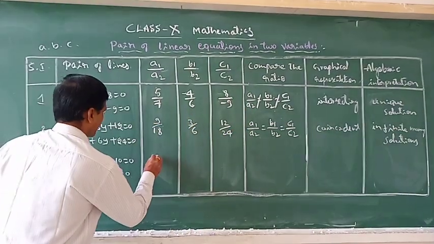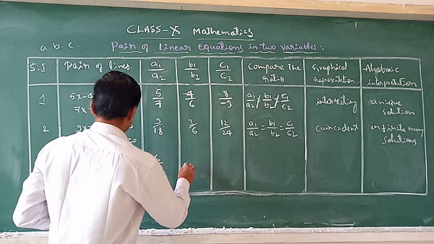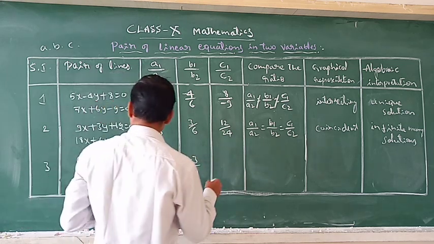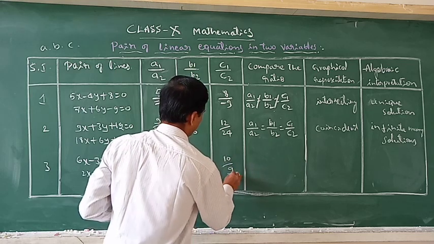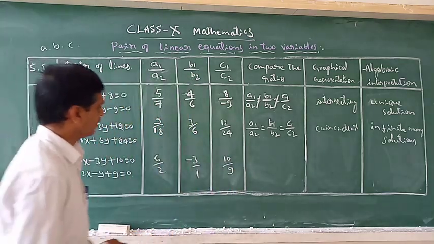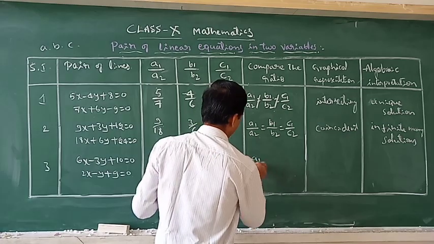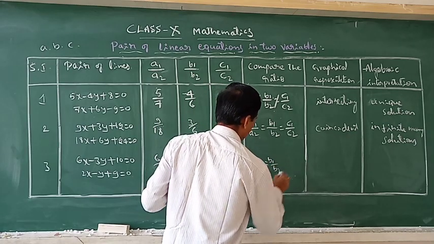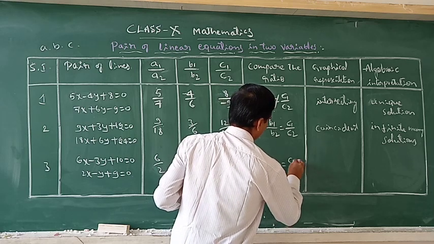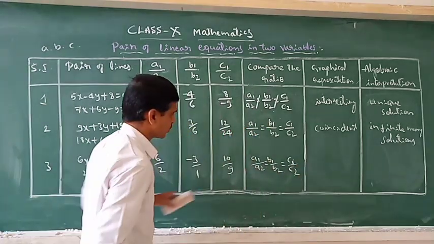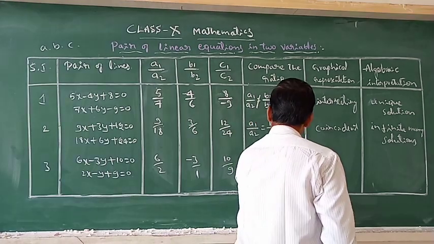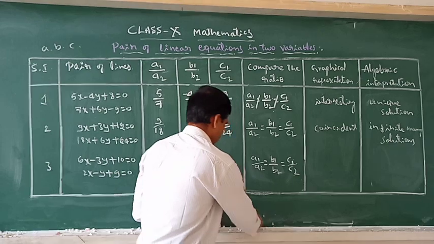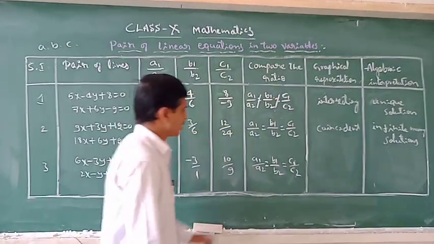Now take the given 6 divided by 2, minus 3 divided by minus 1, 10 divided by 9. Consider A1 by A2, B1 divided by B2, and C1 divided by C2. Now compare the ratios.